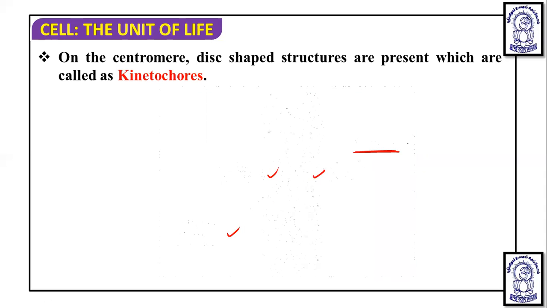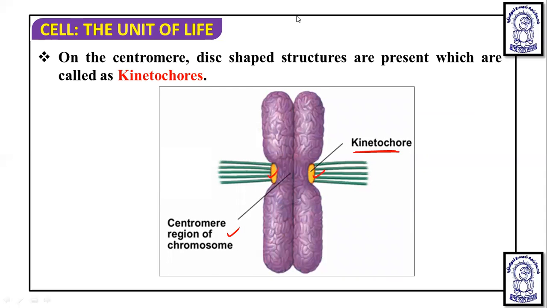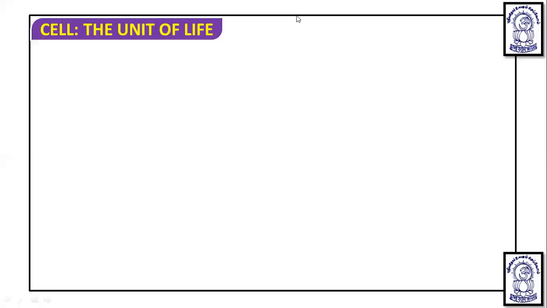So this is what we can say about the nucleus. Whatever important information about the nucleus and its structure, we have already studied. Now we have to note down some important points. We have studied that Robert Brown discovered the nucleus, and that it is a double membrane bound structure.